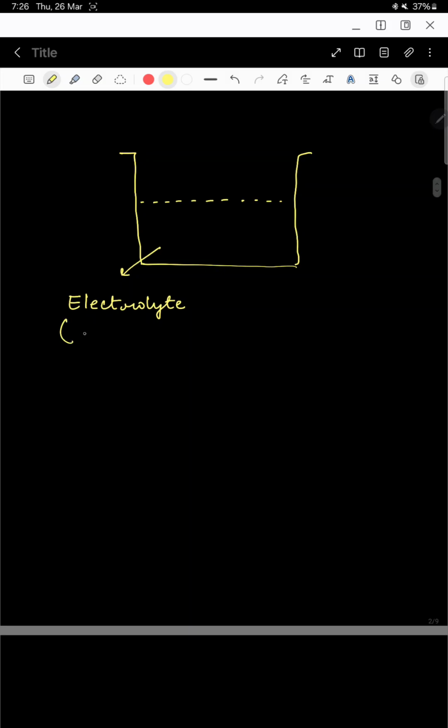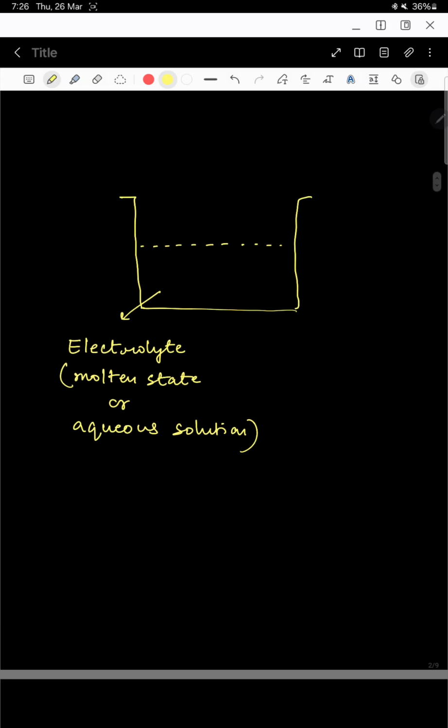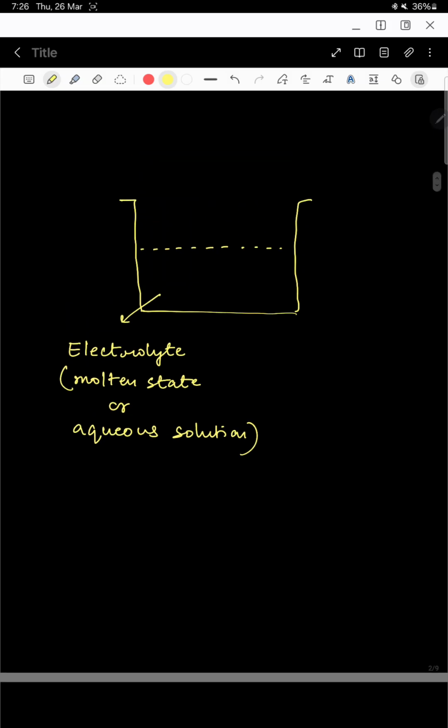It can be in molten state, or it can be an aqueous solution. So basically in the beaker there is a molten substance or an aqueous solution of any substance.